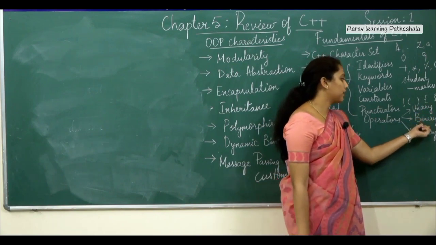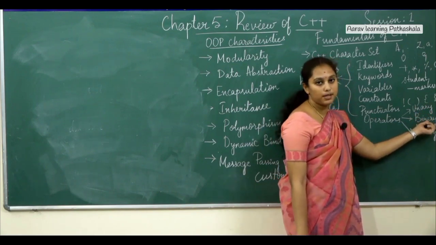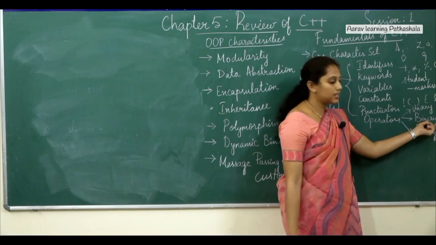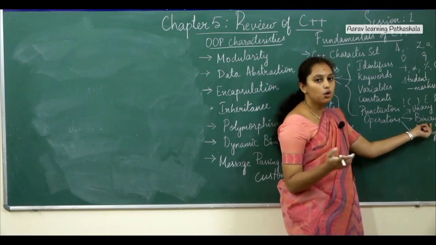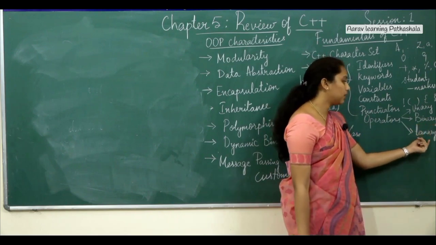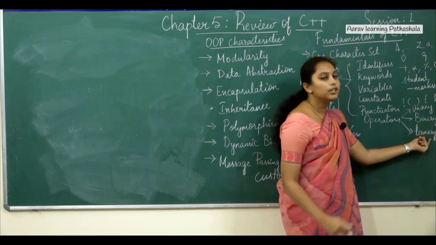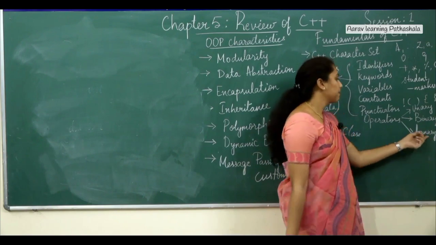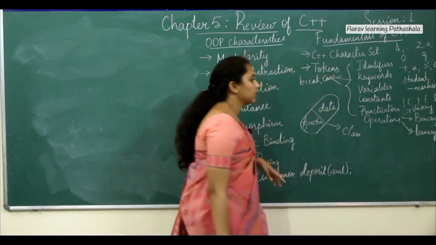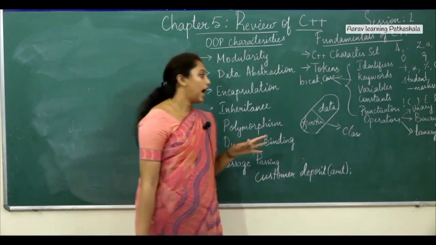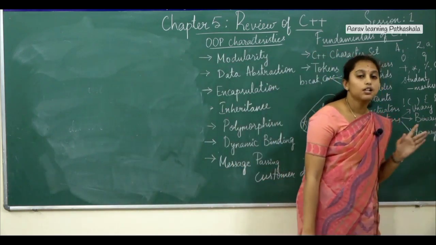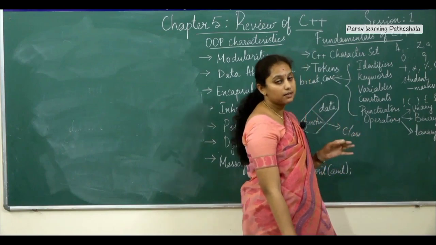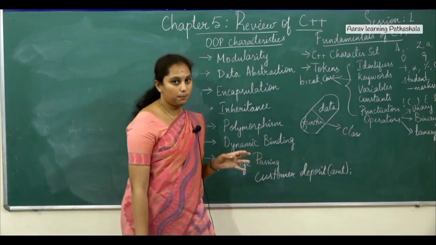A binary operator operates with two operands. A ternary operator operates on three operands. In binary operators, there are different types: arithmetic operators, relational operators, logical operators, assignment operators and bitwise operators.